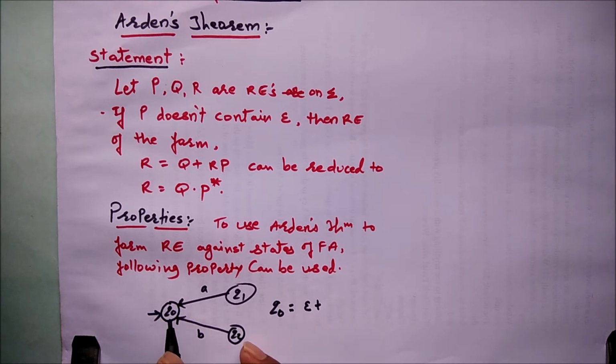For example, if I am writing for Q0, I will check whether there are any states transiting towards Q0 with their inputs.